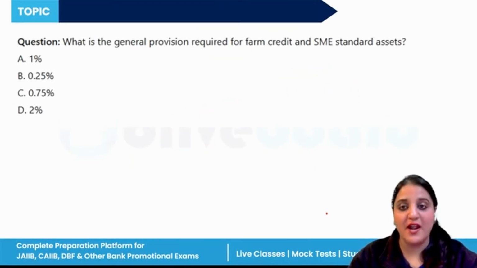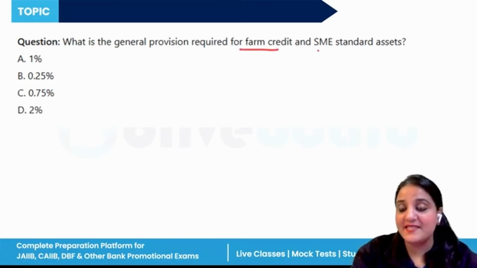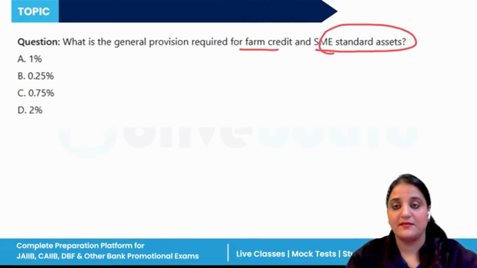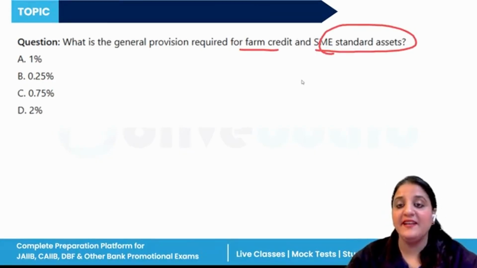What is the general provision required for farm credit and SME standard assets?